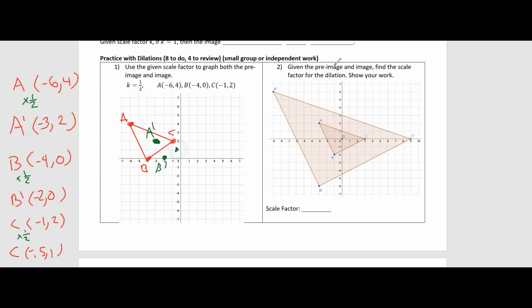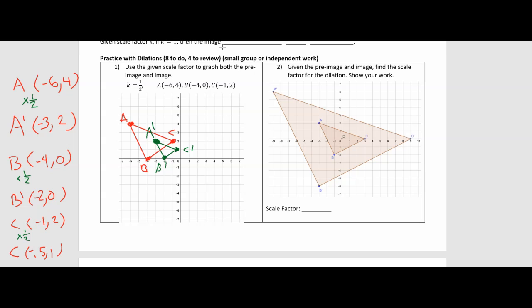Looks like it'll go right there. And there is my image, A prime, B prime, C prime. And remember, our scale factor is between 0 and 1, so our image should be smaller. And our green image is certainly smaller than our pre-image in red.